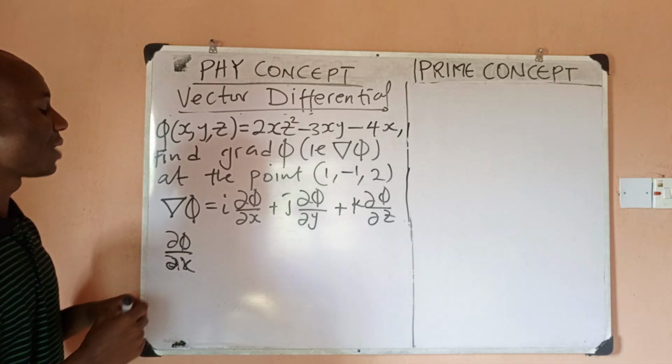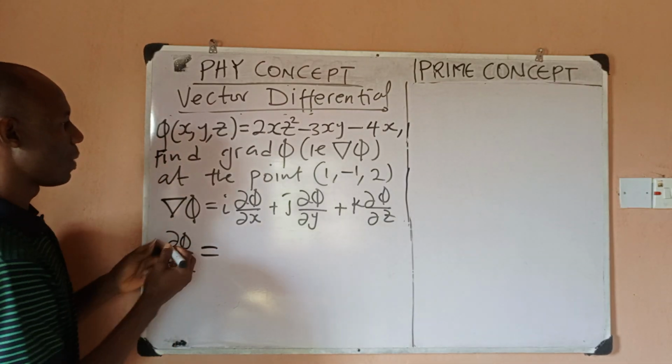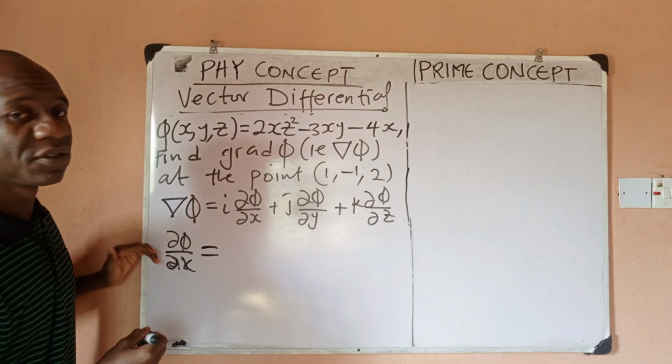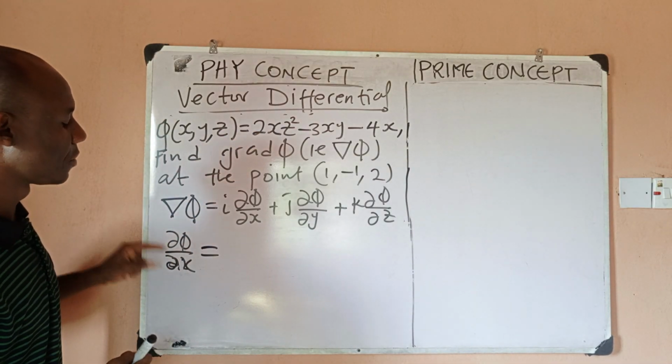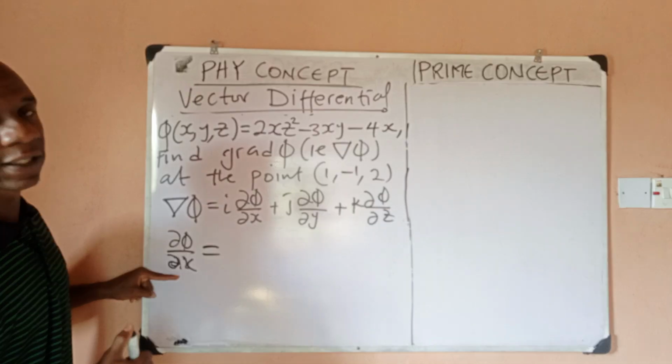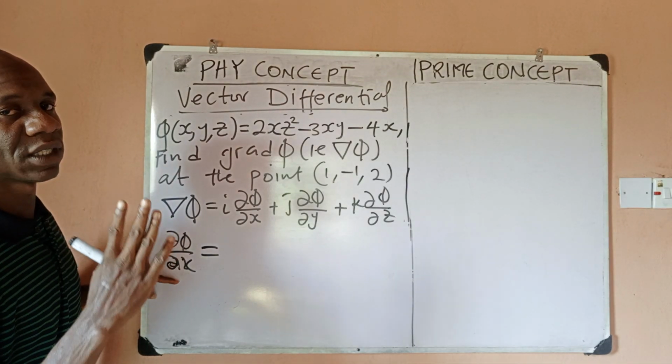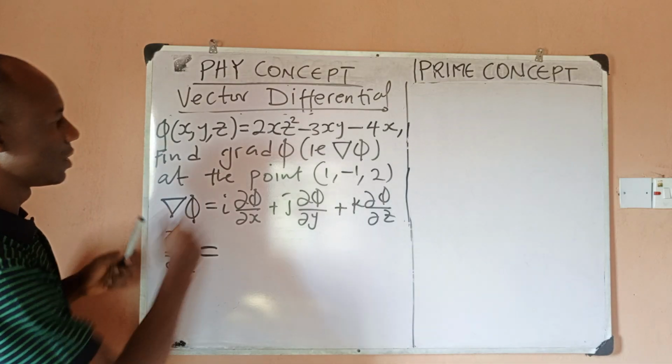Remember, these are partial derivatives. And what is our phi? Our phi is this. So what this partial derivative means is that you are differentiating with respect to x. So any other place where you don't find x, it becomes a constant. You throw it away. So let's do this.